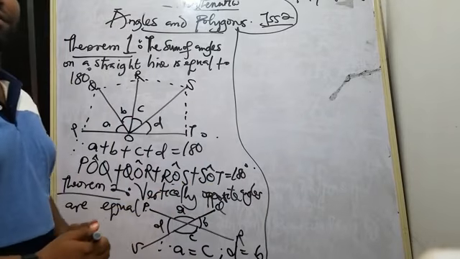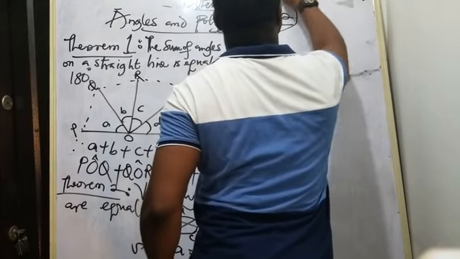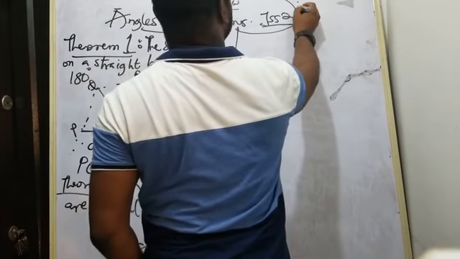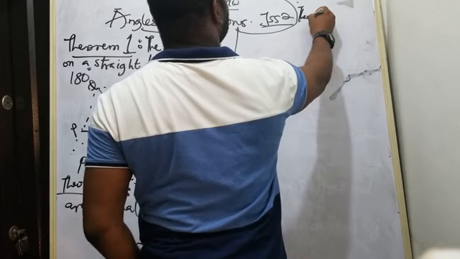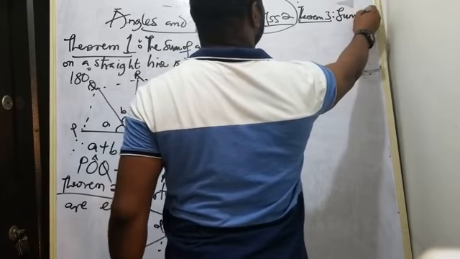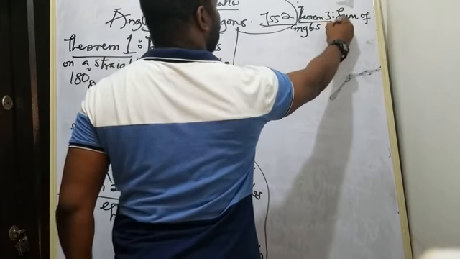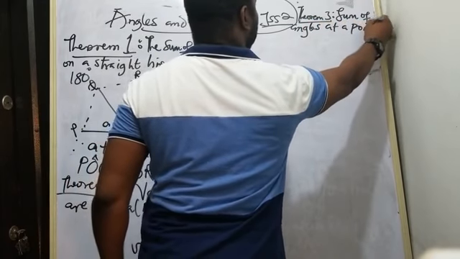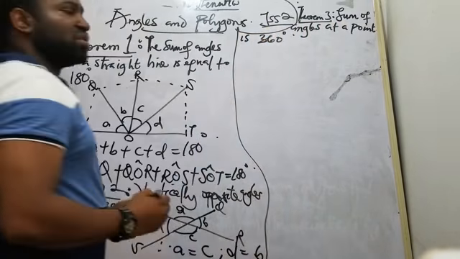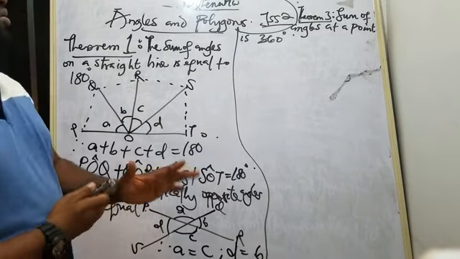What are we saying? Theorem 3. The sum of angles at a point is what? 360 degrees.